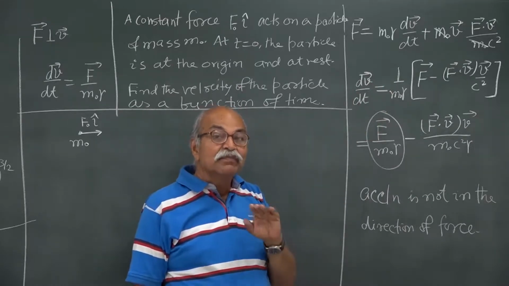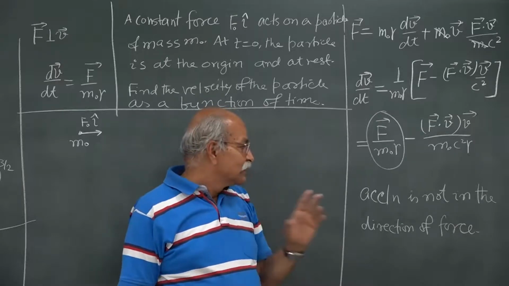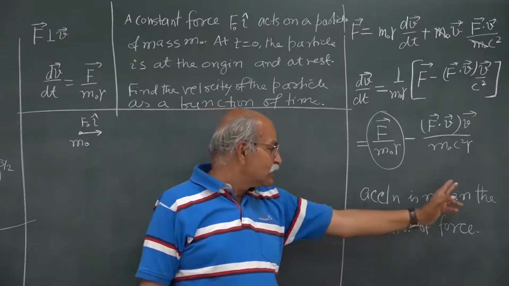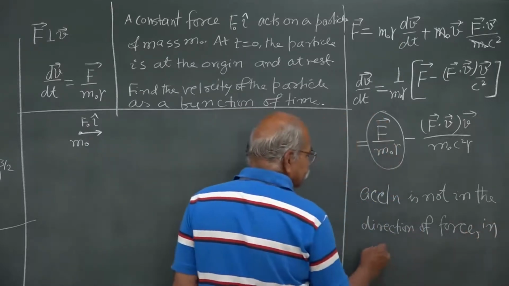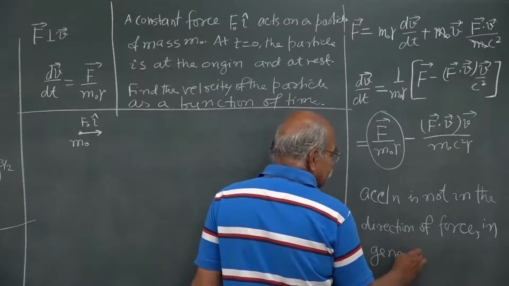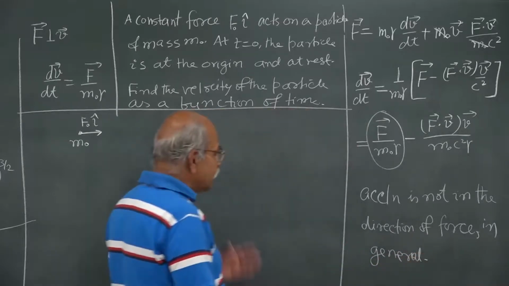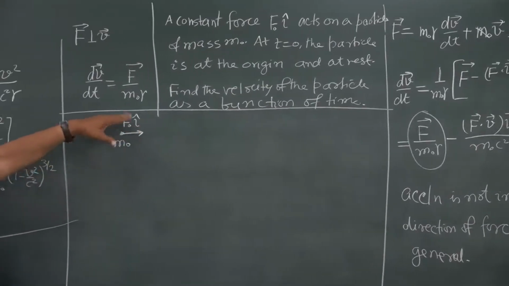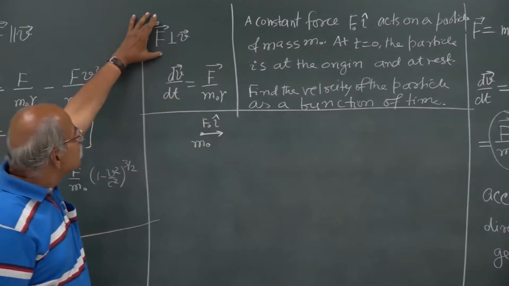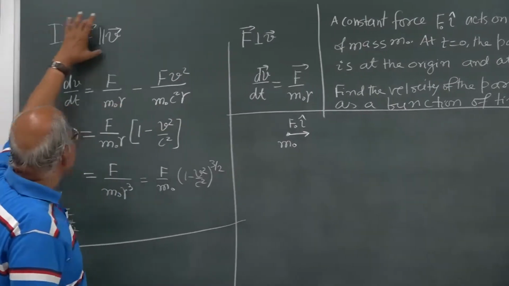So, acceleration is in the direction of force. I wrote here that acceleration is not in the direction of force, but that is in general. There are cases in which it is, and in our case force is parallel to the velocity.